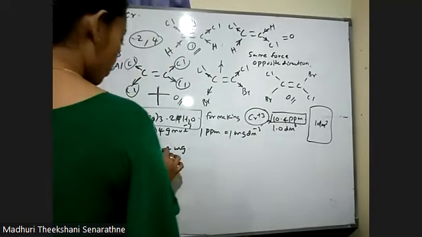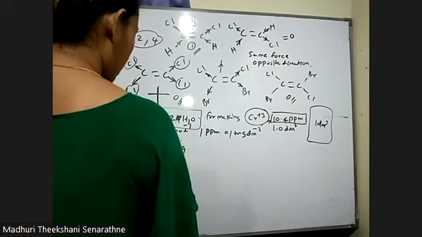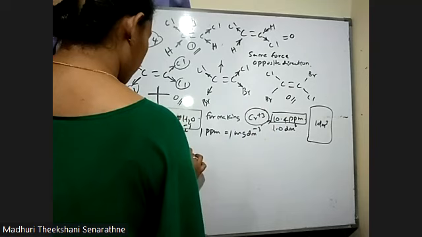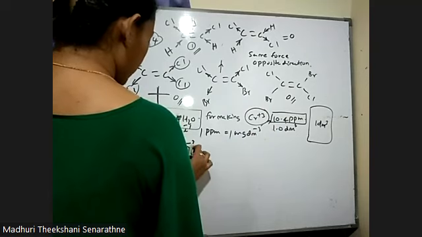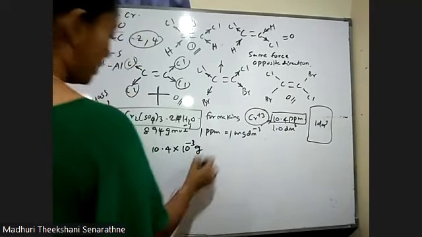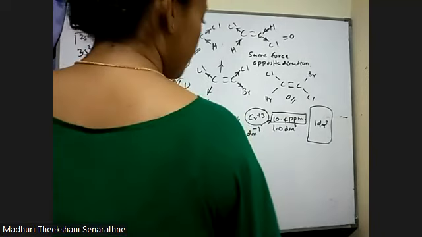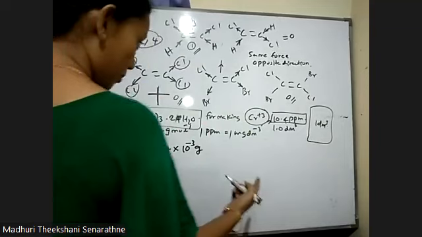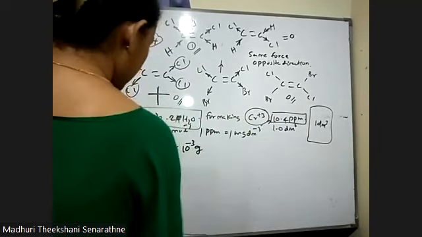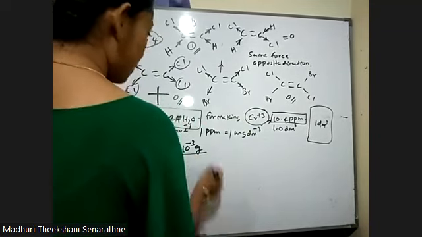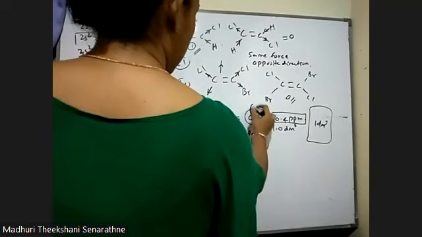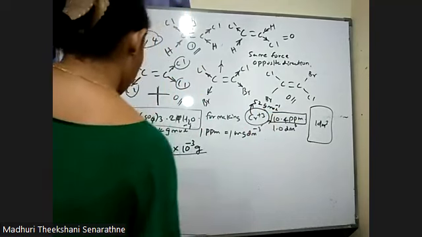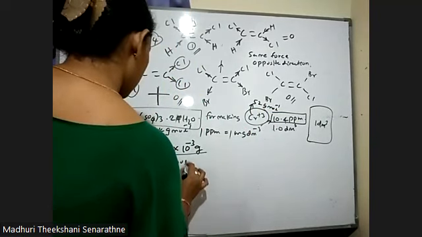We can convert 10.4 milligram into gram by multiplying by 10 to the power minus 3. Here is the mass of chromium, and then we can calculate the number of moles by dividing this mass by the molar mass of chromium, which is 52 gram per mole.